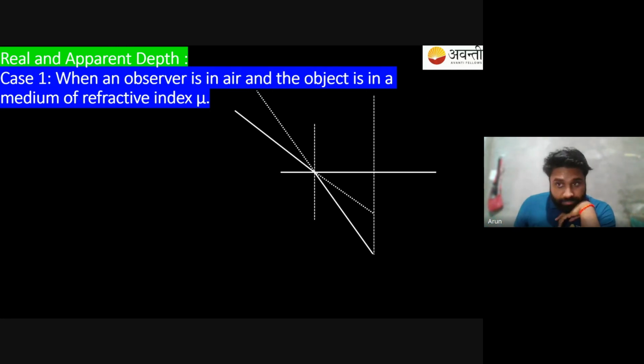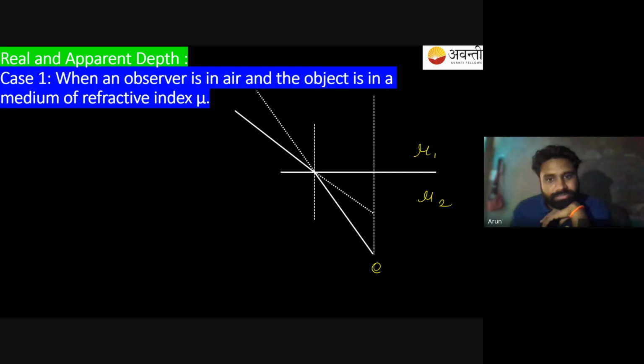Suppose this medium has a refractive index mu1 and this has mu2. This ray is coming from the object.